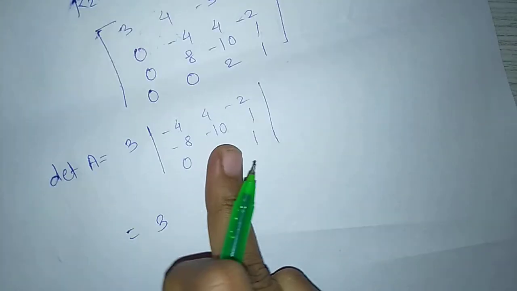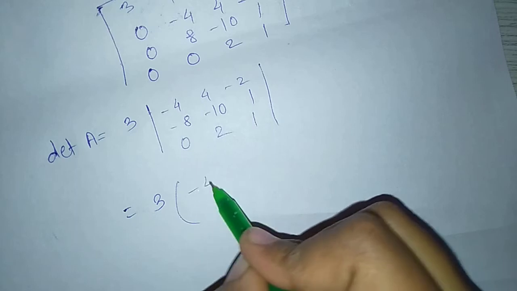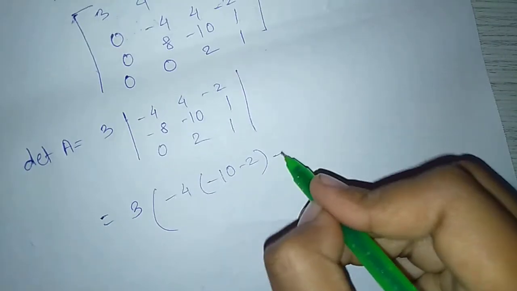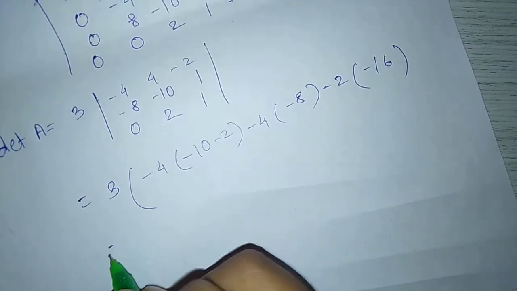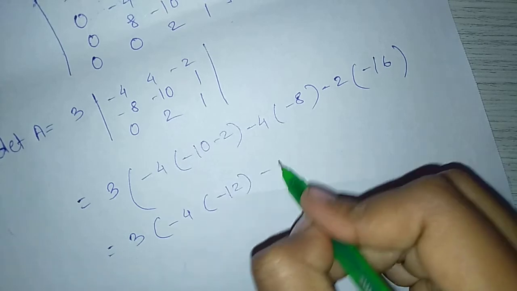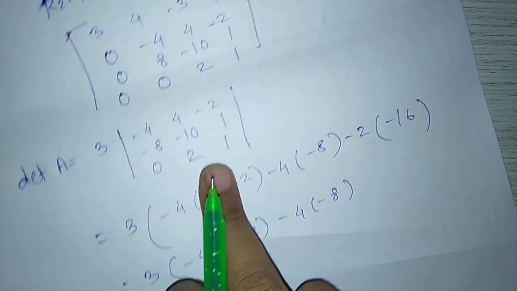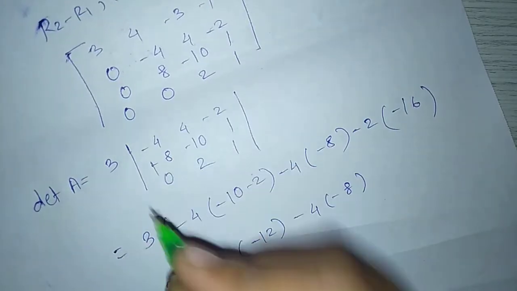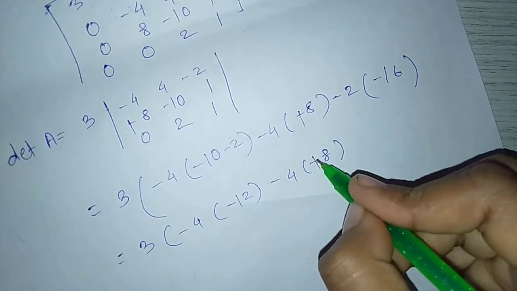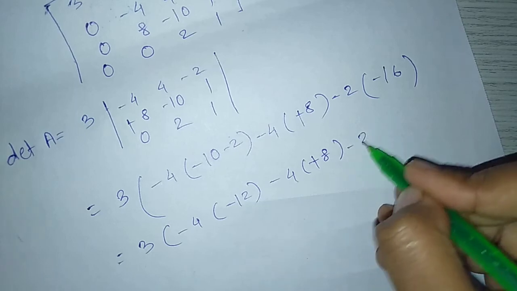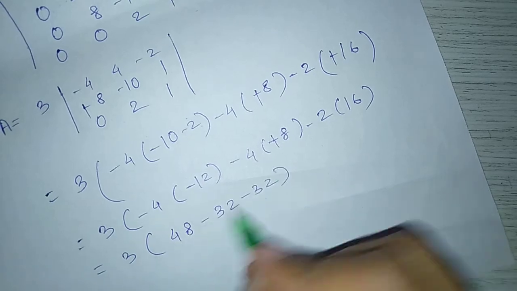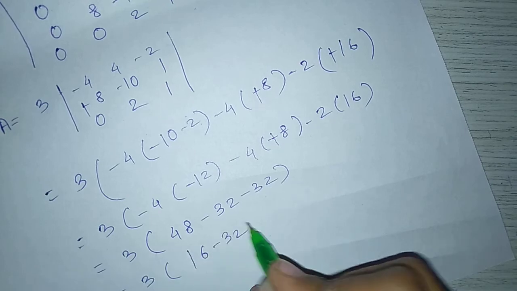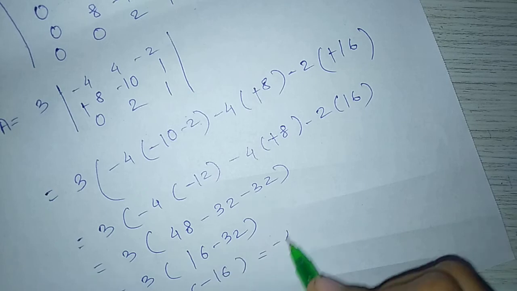We get 3 into the determinant of this matrix, which is minus 4 into minus 10 minus 2, minus 4 into minus 8 minus 2 minus 16, which is equal to 3 into minus 4 into minus 12, minus 4 into, here plus 8 not minus 8, 4 into plus 8 minus 2 into plus 16, equal to 3 into 48 minus 32 minus 32, equal to 3 into 16 minus 32, equal to 3 into minus 16, equal to minus 48.